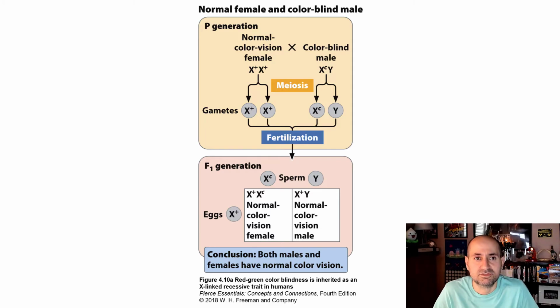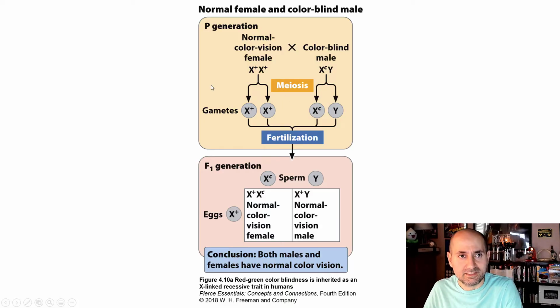Very, very interesting stuff. And we can look at an example of X-linked inheritance in humans by looking at color blindness. Most of you probably know that color blindness is more common in males than in females in humans. And here's why. It's an X-linked trait. So you have a normal color vision human female. She would have X plus X plus. Remember, the plus means that it's a wild type allele on the X chromosome. Her gametes can be X plus or X plus.